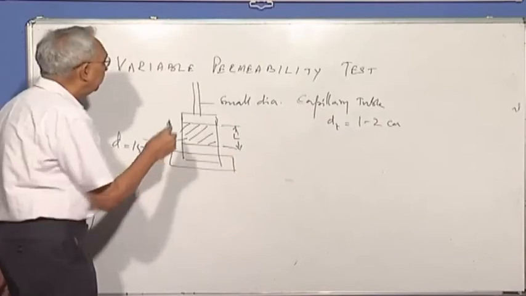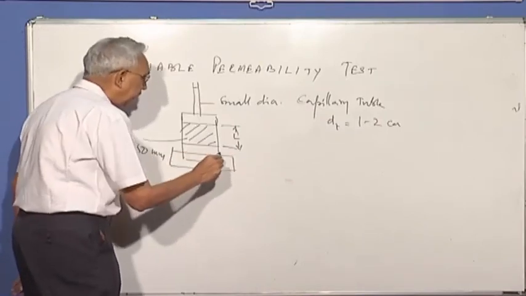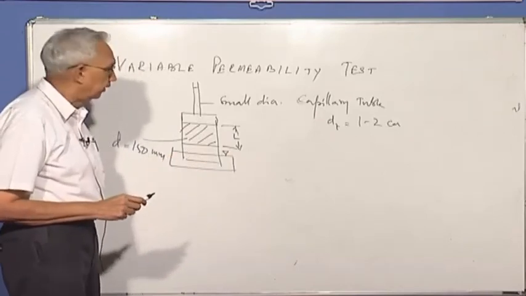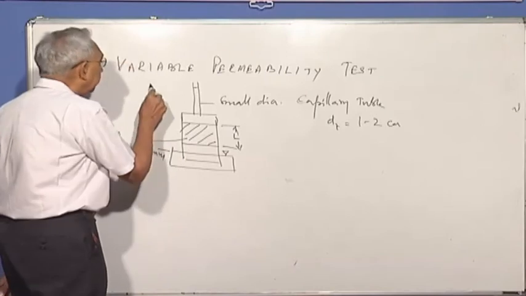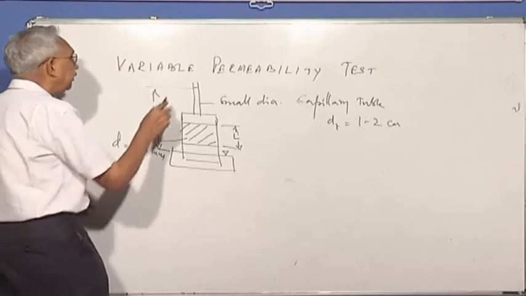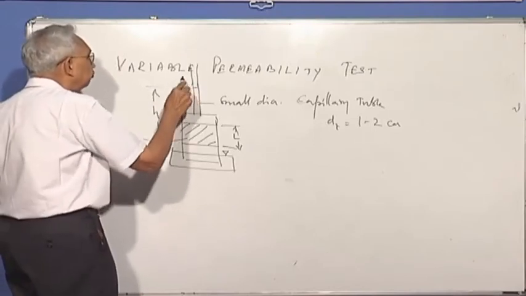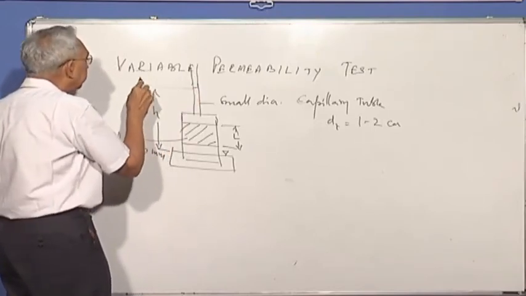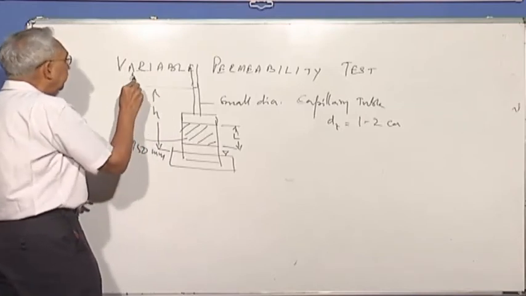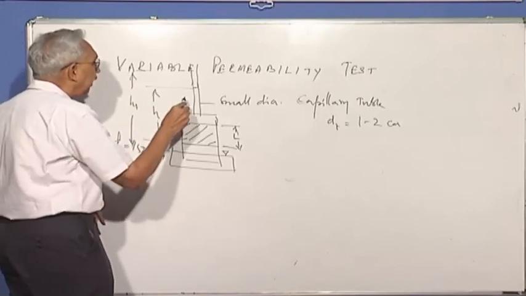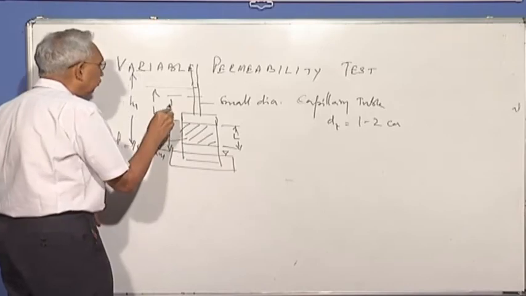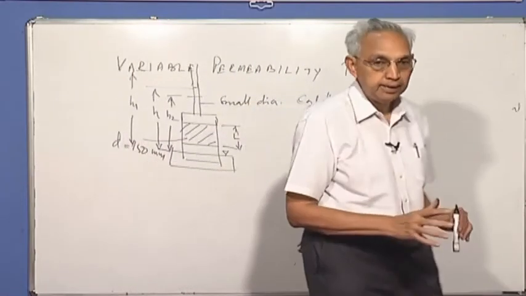We fill it with water here, and you maintain the downstream side constant level. So can I say that at any time t, the head is h? So what we do is that we have a long tube and conduct the test corresponding to, initially the height in the tube is h1, and we wait, conduct the test till it becomes h2. The head is not constant at all times.